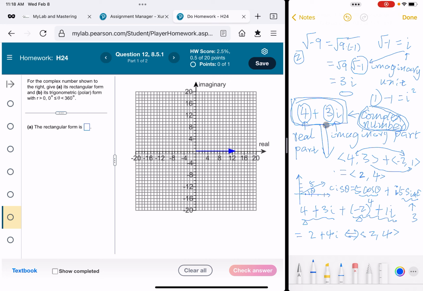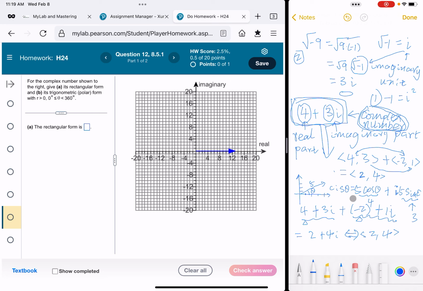So if we make the connection between a complex number and the vector we previously learned, 4 is like the x coordinate of this vector, and the imaginary part 3 is the y coordinate of this vector.